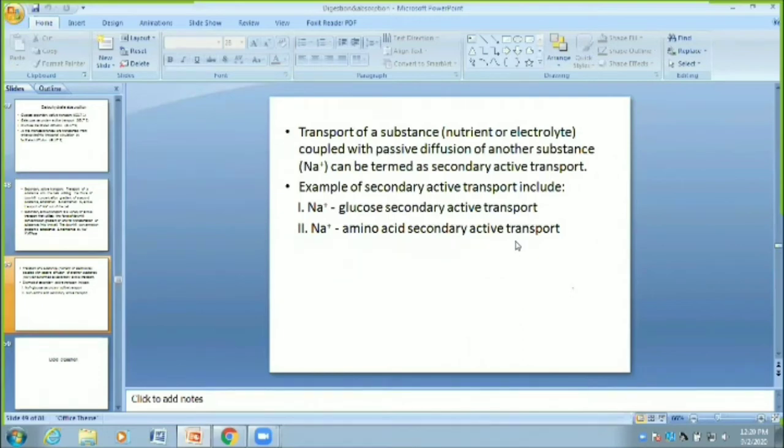Try to understand the situation between the lumen of the intestine and the enterocyte. The lumen of the intestine is part of extracellular fluid. Naturally, sodium will be more there.